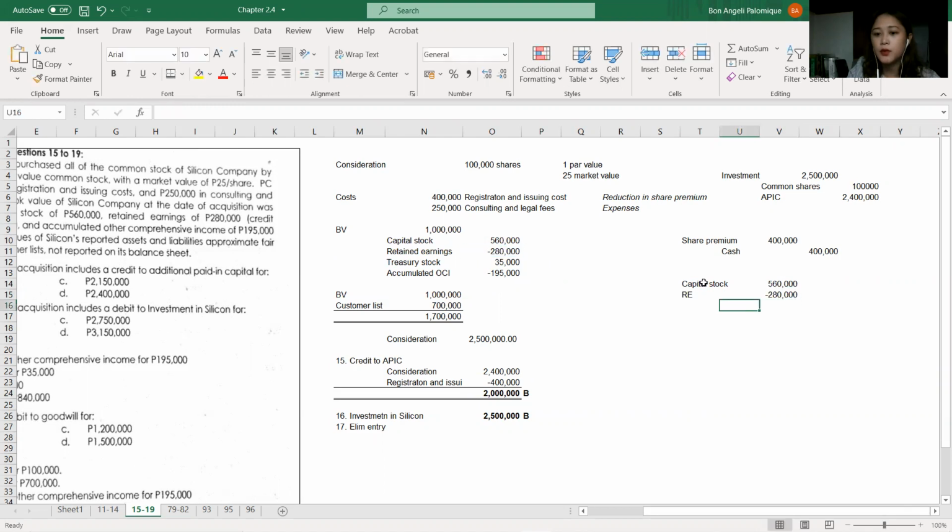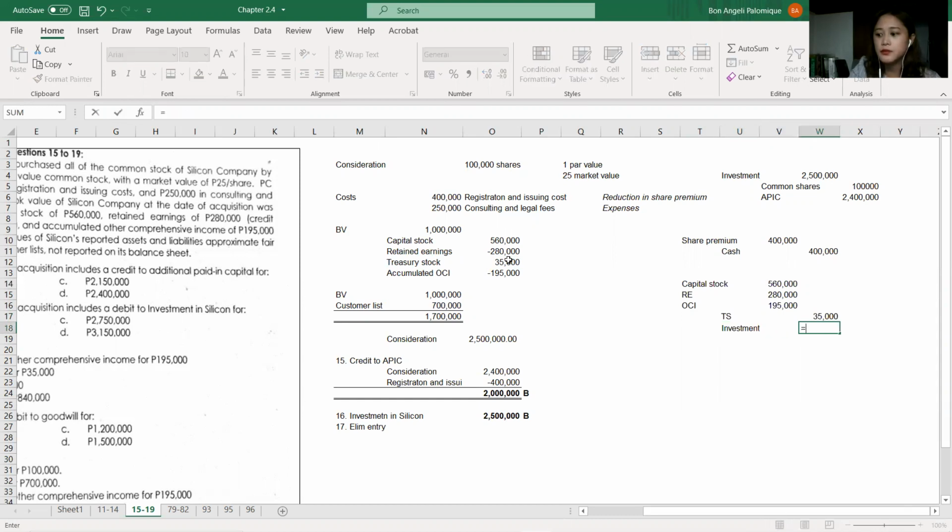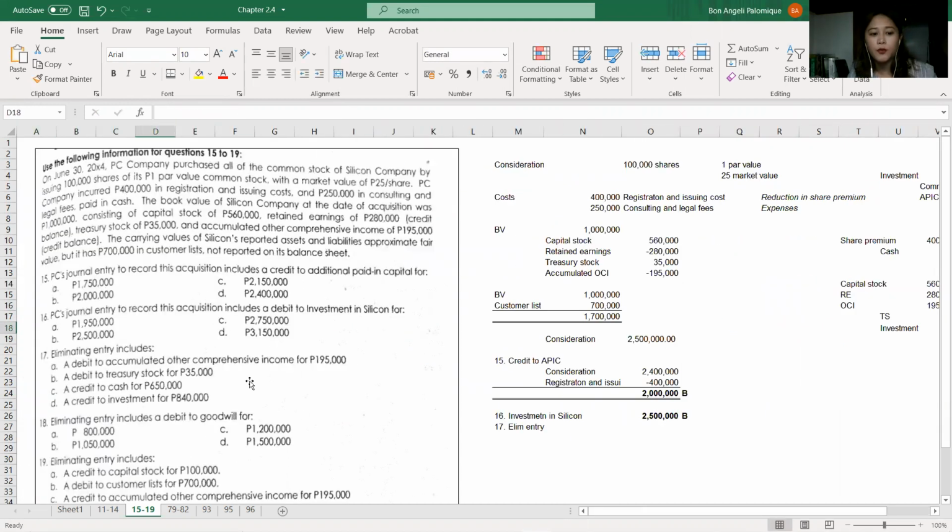Tapos yung OCI, treasury stock. Okay, so investment account. Yan. So, ang sabi niya dito, ano daw may include dito?